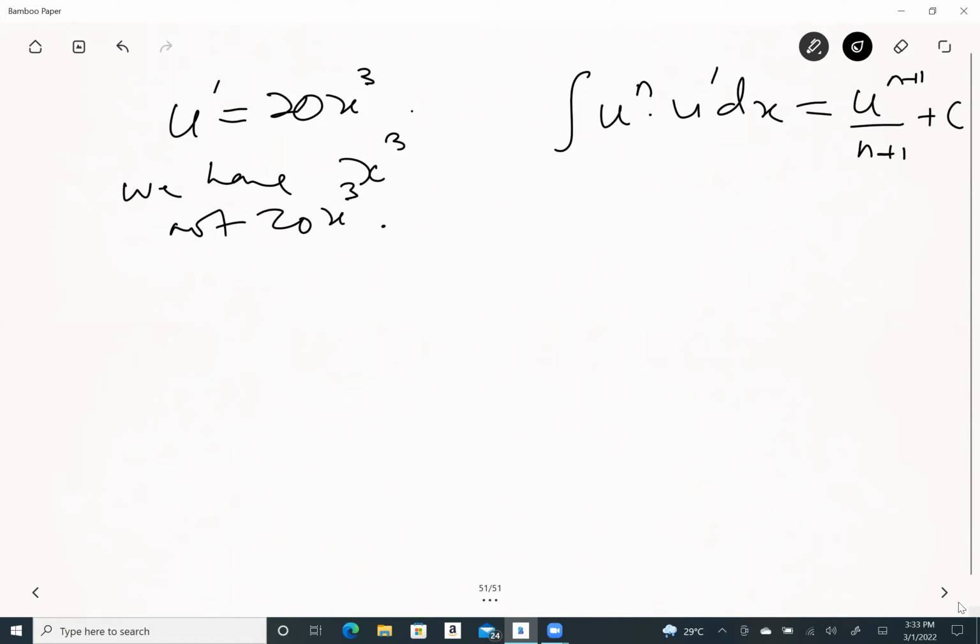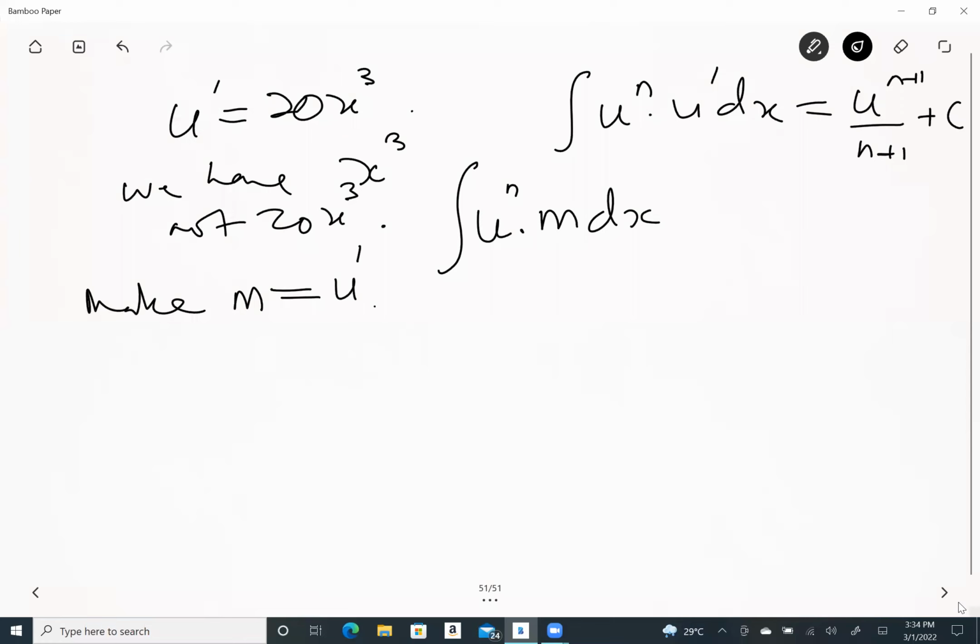So in other words, more generally, what you have is the integral of u to the power of n, and instead of having u prime, you have, say, m dx. So our objective is to make m equal to u prime.